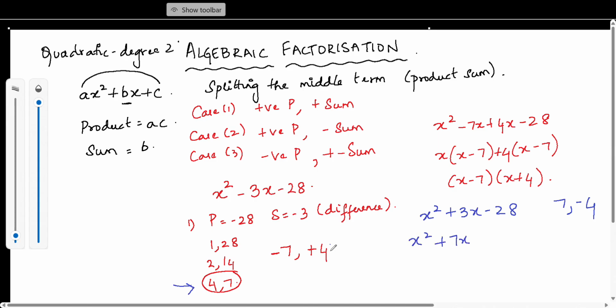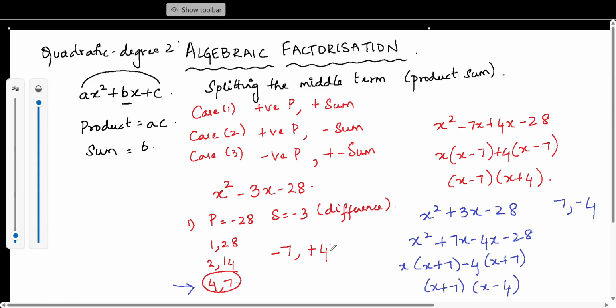You will choose to split it this way. So what into x gives a minus 4x, so minus 4. Minus 4 into plus 7, minus 28.